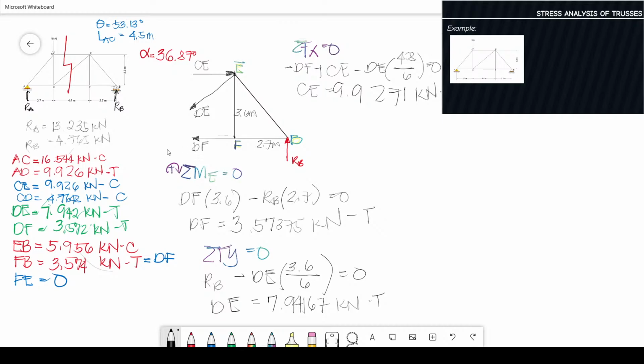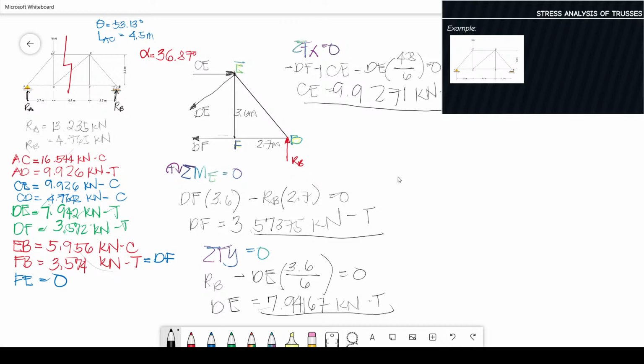Okay, so when we compare these values to the process we did earlier, the joint method, our DF is more or less the same, right? The difference is 0.00 something. Then we have DE, 7 point something, the same. Then 9.9271. So more or less the same, with a small difference depending on the process used.